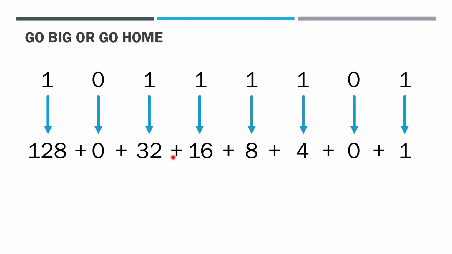So for example, 128 plus 32, that's 160. Similarly, 16 plus 4 is 20. So 160 plus 20 gets you to 180. And all that's left over is the 8 and the 1. That's 9. And so the total of all of these numbers, I can do it in my head, is 189.